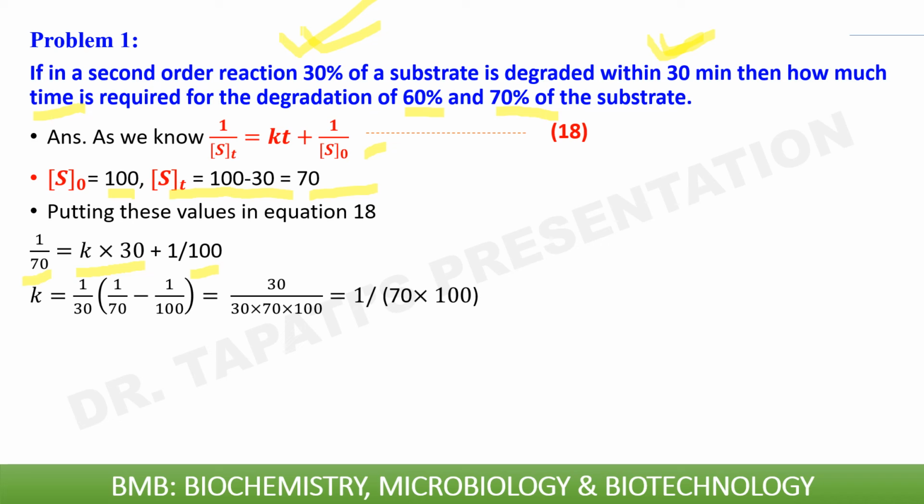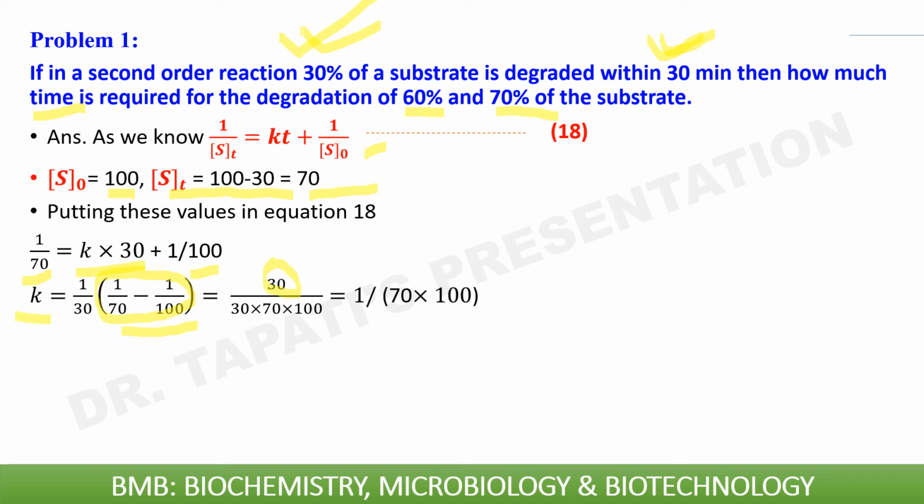Or we can write K is equal to 1 by 30 into 1 by 70 minus 1 by 100, that is equal to 30 divided by 70 into 100.